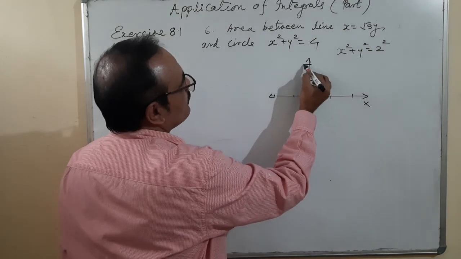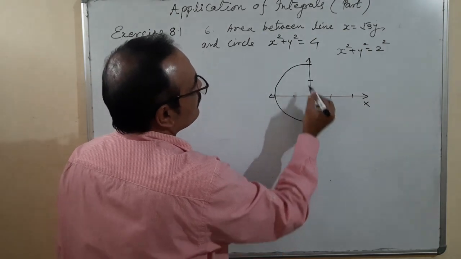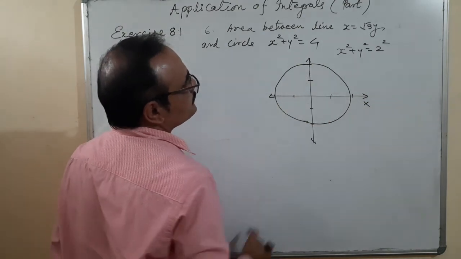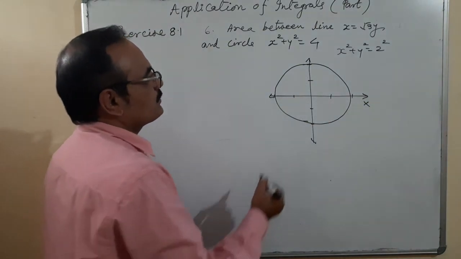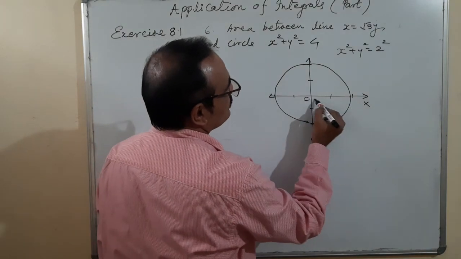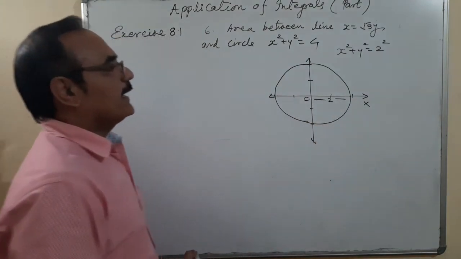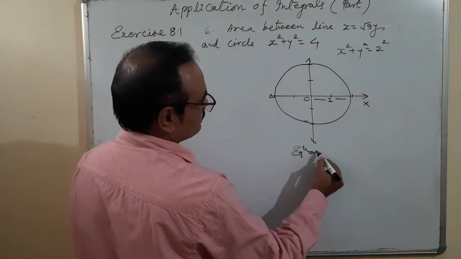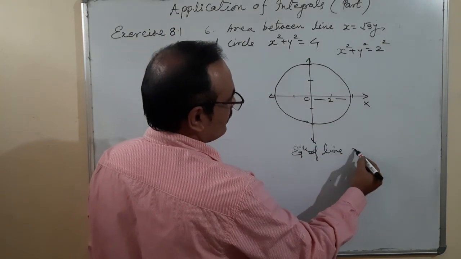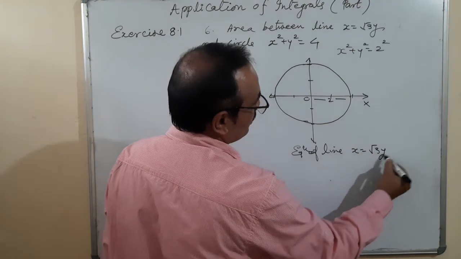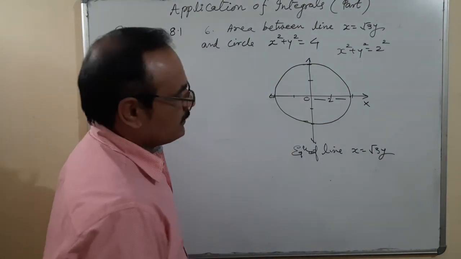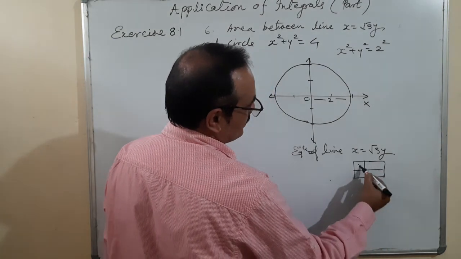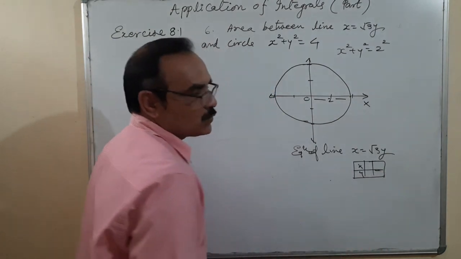So we are talking about the circle. This is the circle, center 0, radius is 2. And one line, x is equal to root 3 y. To sketch the line, the simplest and best way is to get at least two coordinates.